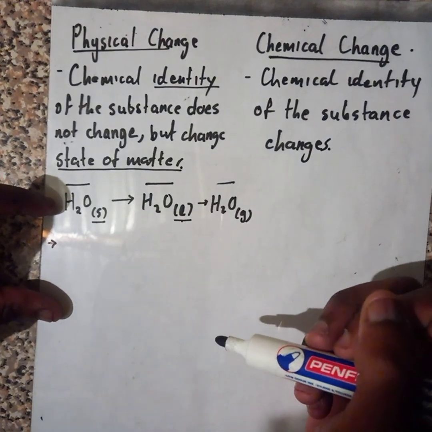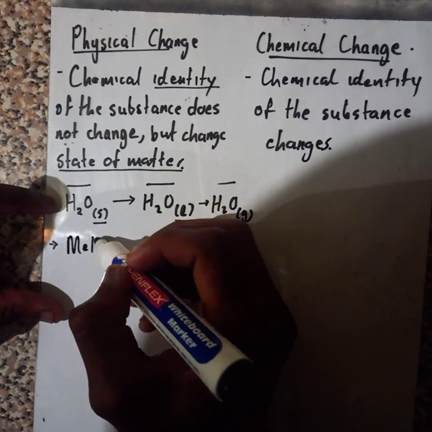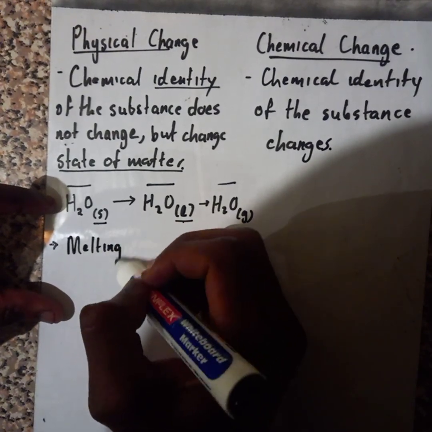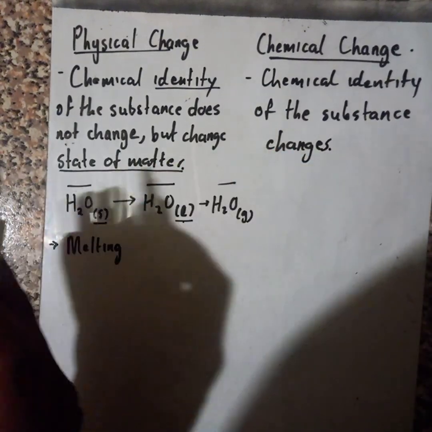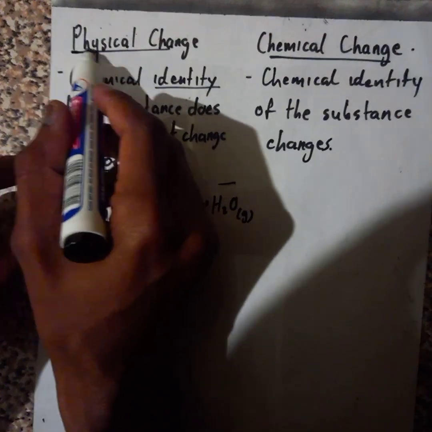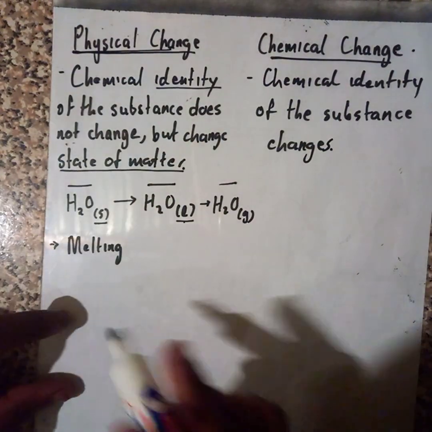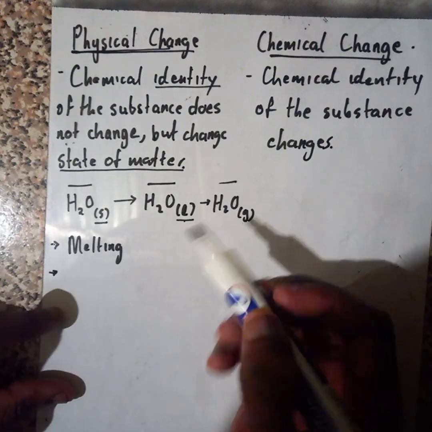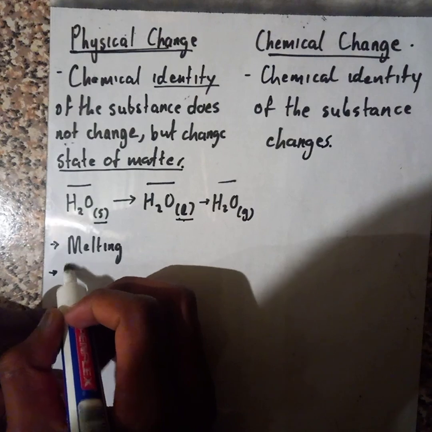We call that melting, when we melt some ice from solid to liquid. The change that takes place is a physical one. We also have from liquid to gas.